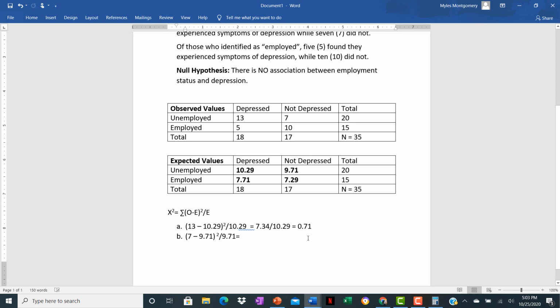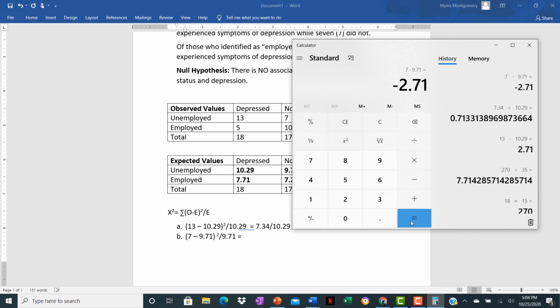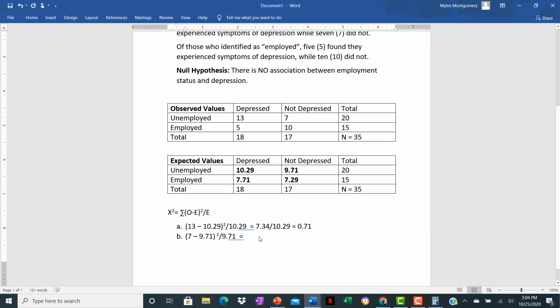So let's say what we have here. We have 7. Pull up the calculator. 7 subtract 9.71. There it is, a negative number, yes. Now we saw that one before. We already know what it's going to be, but we'll go ahead and square it. And when we do, here's what you're going to find. Same as before, 7.34.